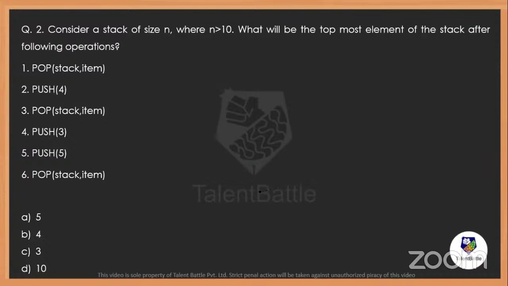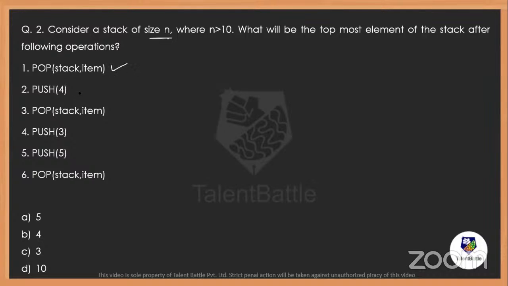Now if we consider the given sequence, first is pop functionality. They have mentioned the size. So if I perform pop functionality directly, because there is no preceding push operation, the pop operation is not possible because my stack is empty. So it will generate an underflow error in this case.